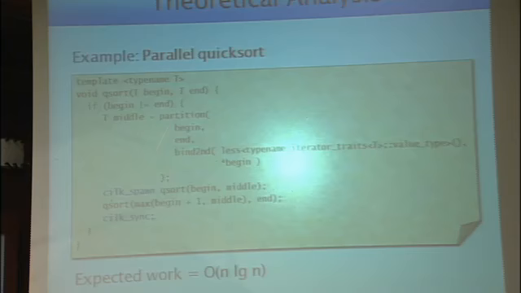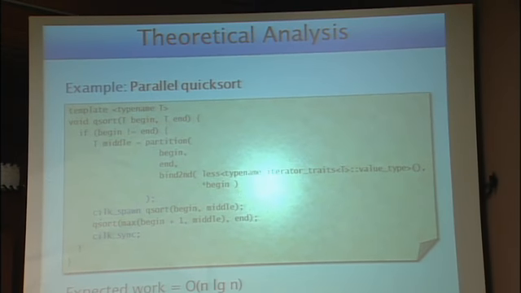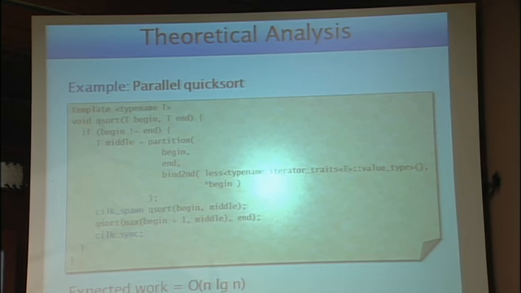Okay, so the main thing here is that the expected work, as you recall, of quicksort is order n log n. Right? You tend to do order n log n work. You partition, and then you're solving two problems of the same size. If you actually draw out the recursion tree, it's log n height with a linear amount of work on every level, for n log n total work. Okay.